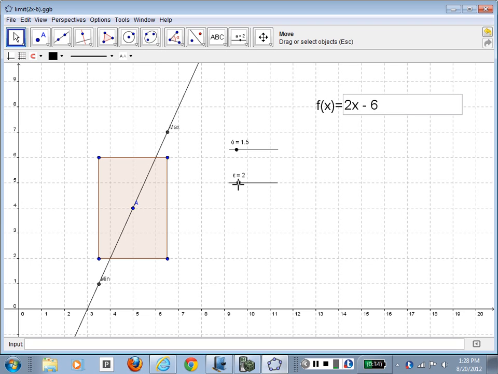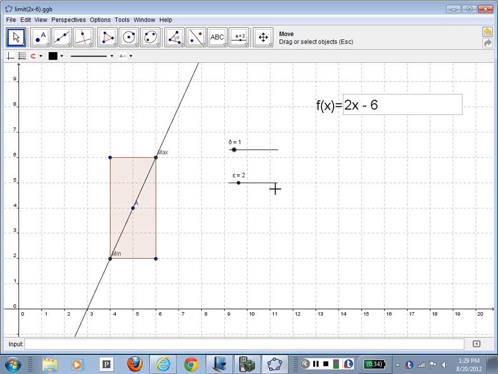It looks like if we stray as far as 1.5 units from 5, then f of x could be as much as 3 units away from 4, and that's too much. Not allowed to be more than 2 units away. So what delta should be, maybe 1.